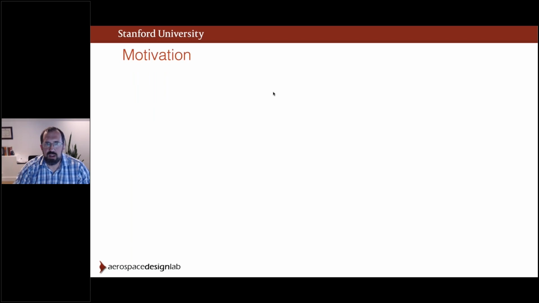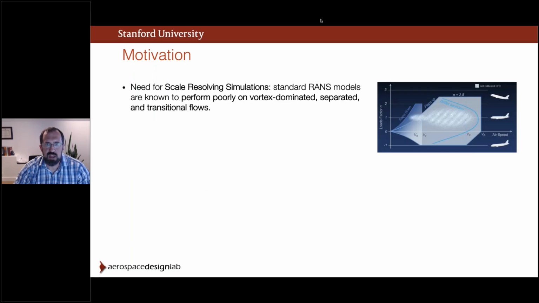So why do we need higher fidelity scale resolving simulations in CFD? Well, despite many advances in the state of the art of RANS and unsteady RANS, there are still many flows for which these techniques still perform fairly poorly. Primarily, these flows are vortex dominated, separated, and transitional flows.